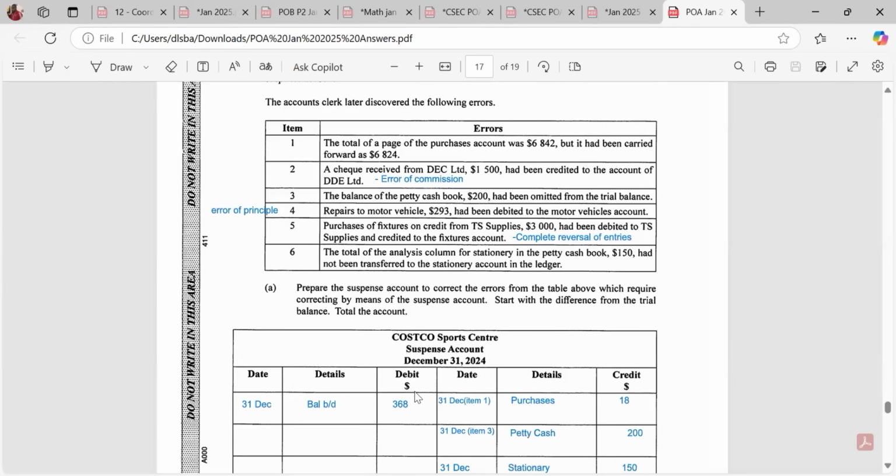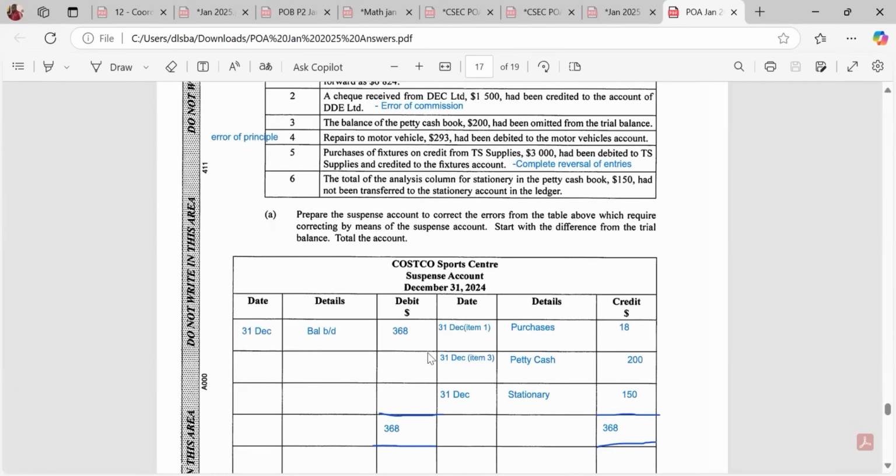You put the 200 in the trial balance, and then you would subtract the 200 from this balance brought down. How do we subtract from the debit side? By doing what? Putting it on the credit side. So we will credit the suspense account 200 to take it out from that balance brought down.